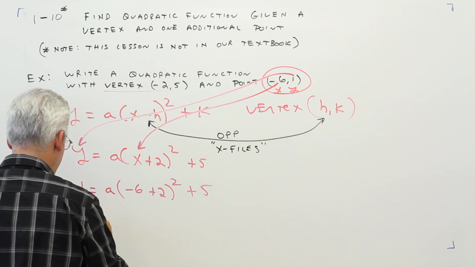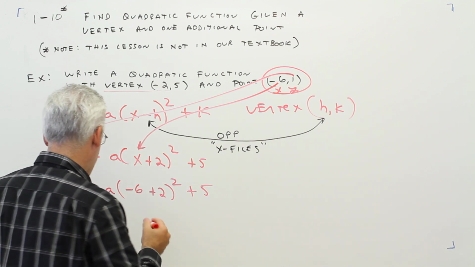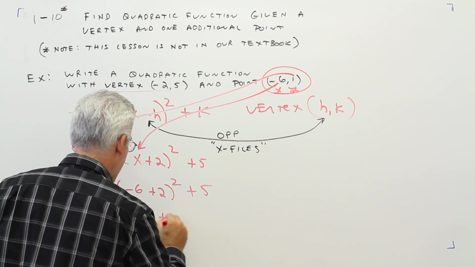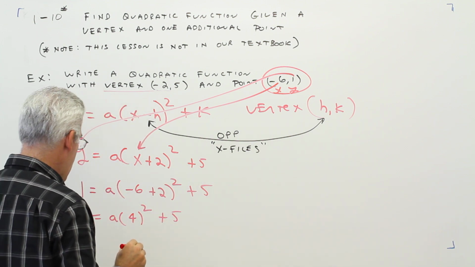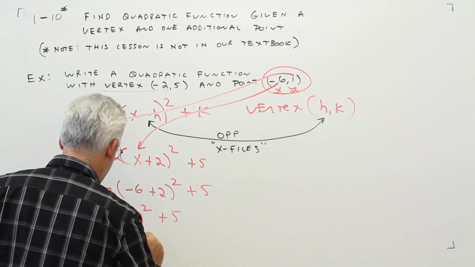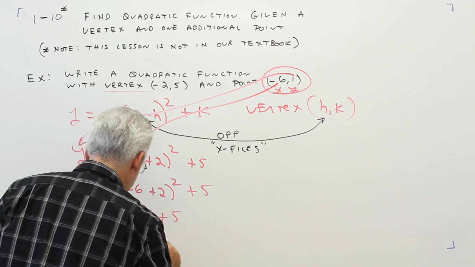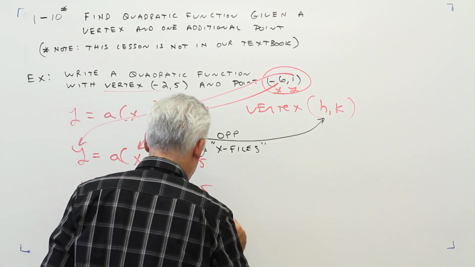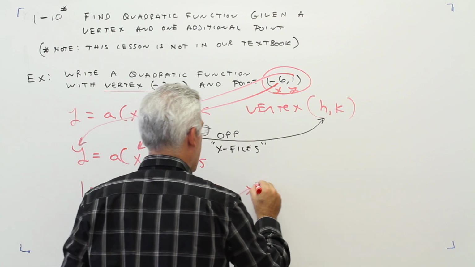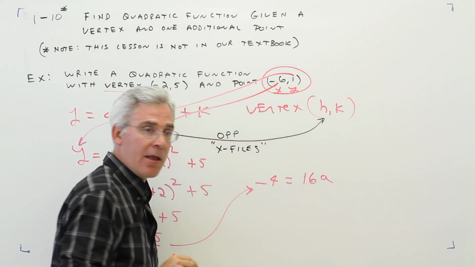So I've got 1 equals a, -6 plus 2 is 4 squared plus 5. 1 equals 16a plus 5. Subtract 5 from each side. So I now have -4 equals 16a.